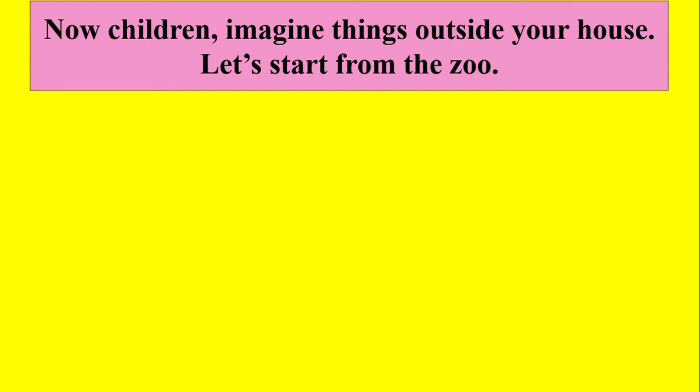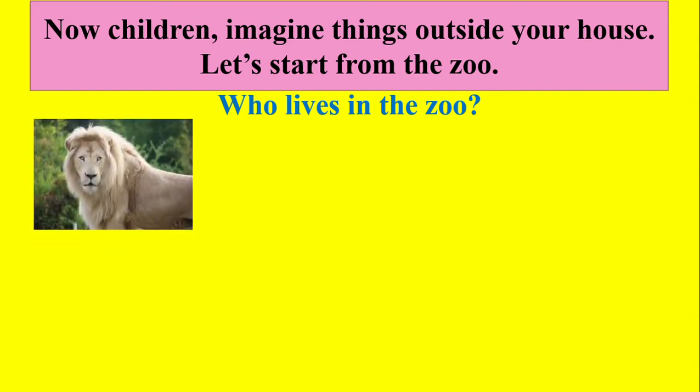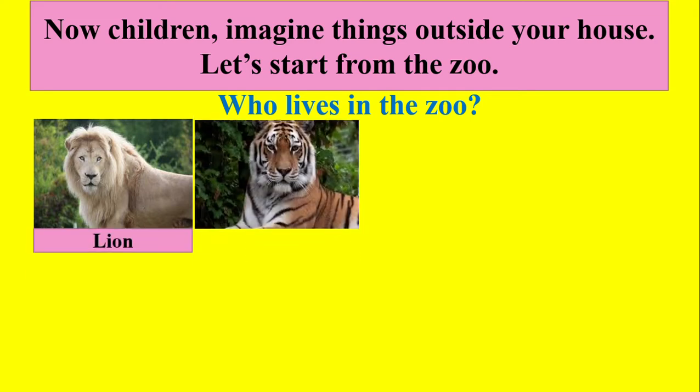Now, children, imagine things outside your house. Let's start from the zoo. Who lives in the zoo? Yes, it's a majestic lion. It lives in the zoo. Here is the picture of a tiger. It also lives in the zoo.